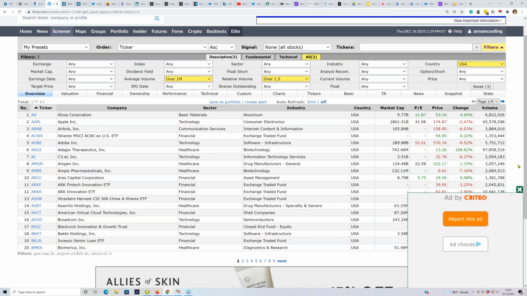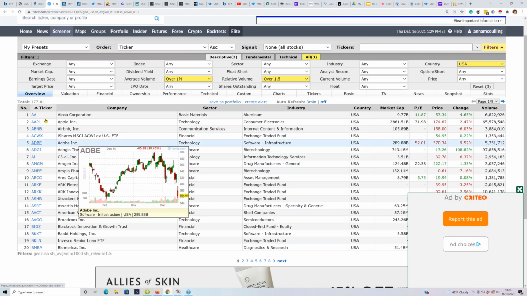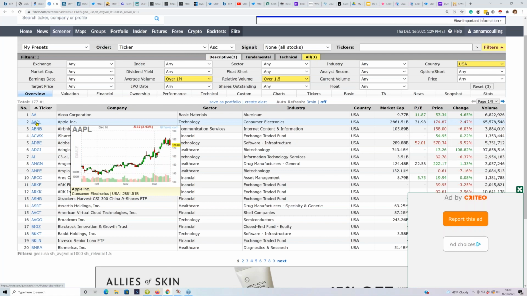I keep an eye on FinViz so we can see where the money is going into, and that's also suspicious because price is going up in the indices, but the volume going in, apart from one or two individual stocks, is low. We can see here ADGI, suddenly 97 million has gone into that, and you look at Apple and you think, okay, 65 million.